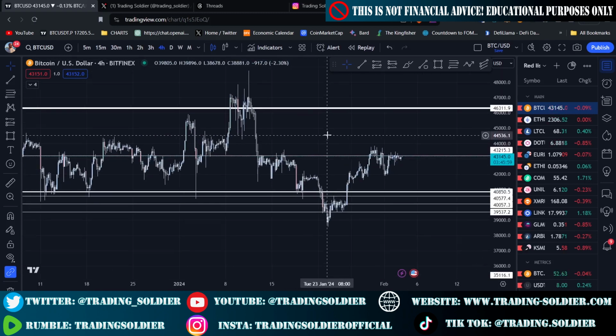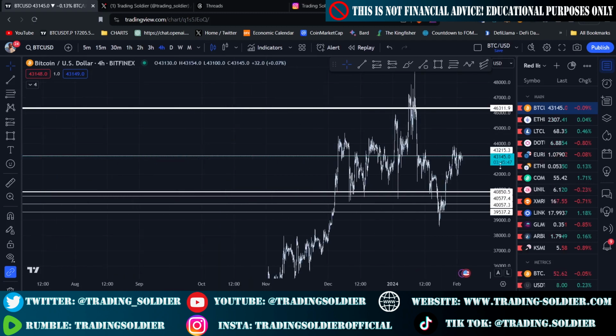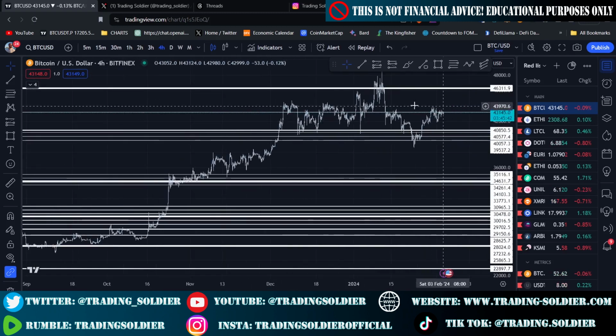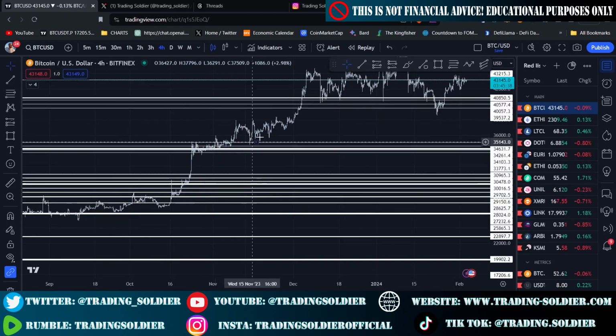As I said, this works like hell in Bitcoin and other crypto assets because they often trade in accumulation and distribution ranges, and then they have their expansion phases. For example, here we can see that it is a distribution range because here the asset is distributing, and here it was the expansion.